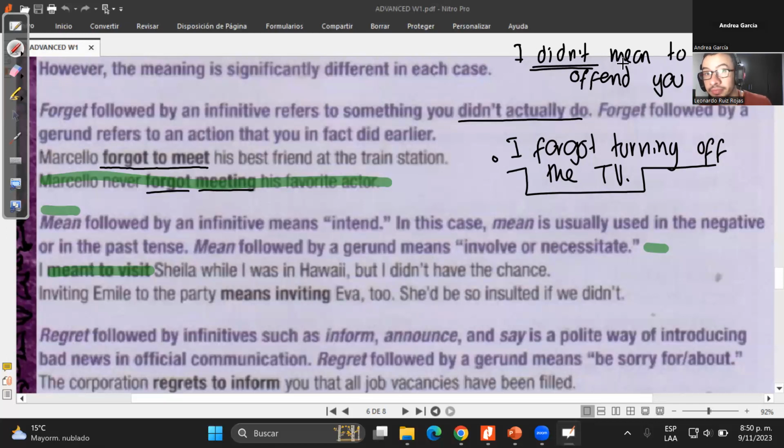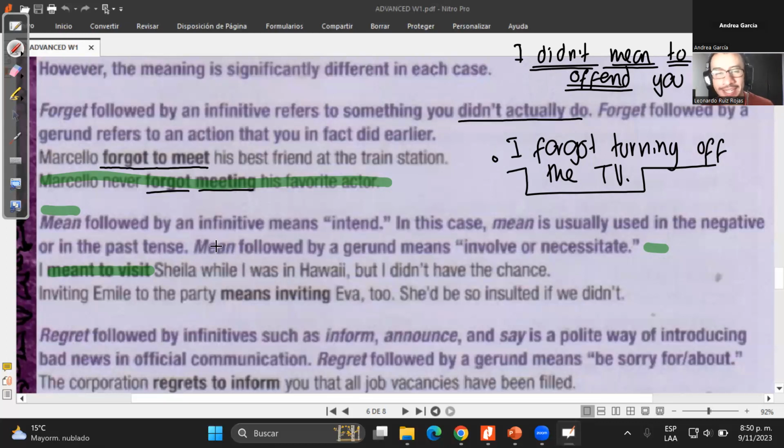So like, it was not my intention to offend you, right? So when I say mean plus to plus the verb infinitive, it is my intention, right? So I can use it normally in the negative form or in the past tense.